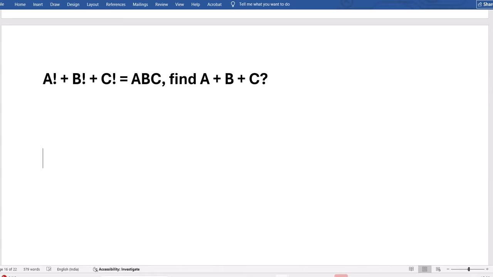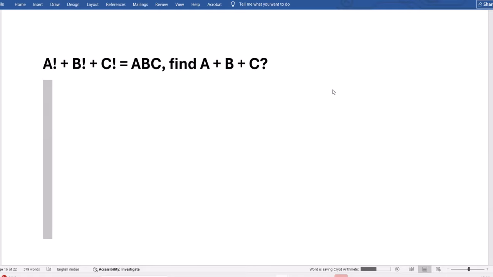Don't wait for conditions. You know the conditions: all letters should take different, unique digits. Now the first thing you should think about: in the previous question, felt is a 4-digit number, and a 2-digit number to the power 3 should be a 4-digit number. We eliminated from 25 cube onwards. We went for less than 25 only. Now in that direction, think about how many digits ABC has. ABC is a 3-digit number. Right.